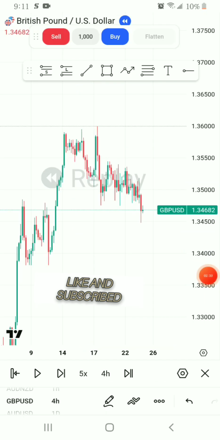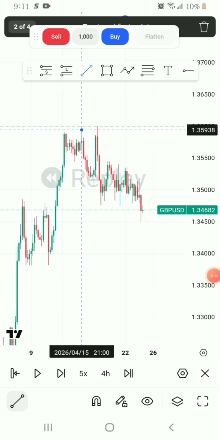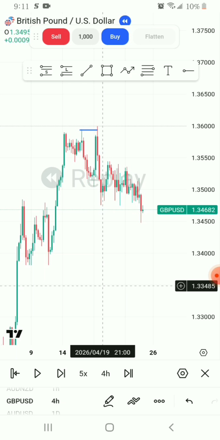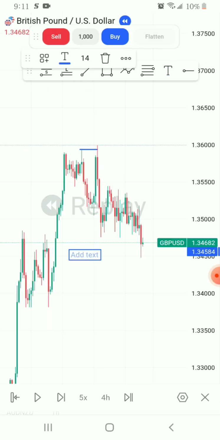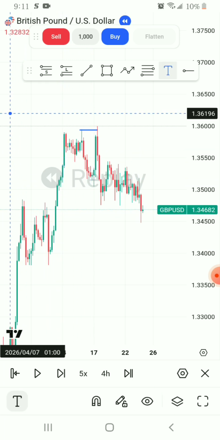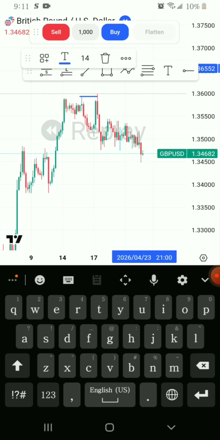This trade is on GBP USD. Let me post my trade scenario like I told you before, and keep it simple.